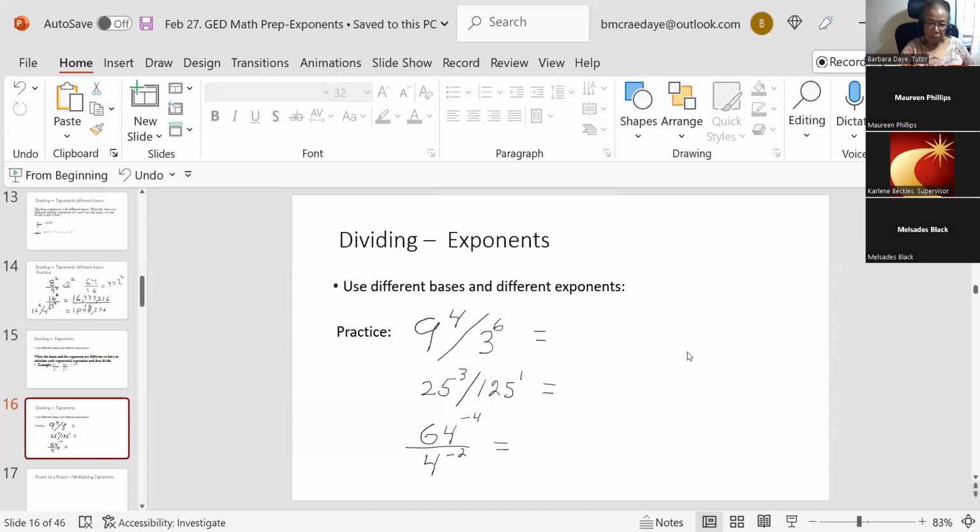What answer did you get for 9 to the fourth? 6561. And what did you get for 3 to the 6? 729. And you divided that, you got 9.